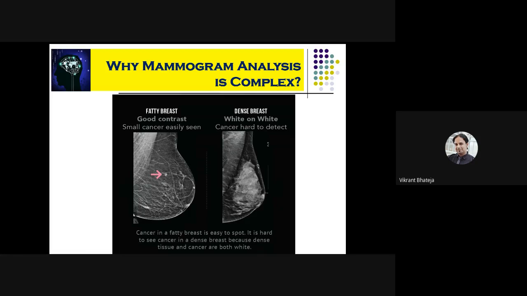You can see a visual example: if a tumor is present in fatty breast, a good contrast is available and cancer can be easily seen. But if the same tumor is present in the background of glandular tissues, that is white on white, so it will be really difficult to detect this kind of cancer.